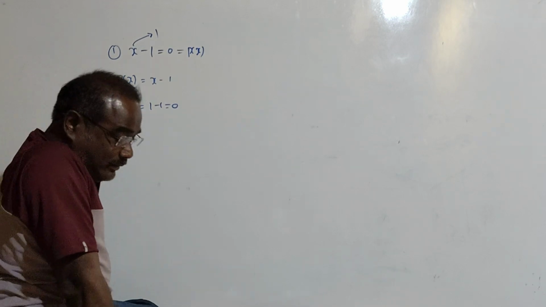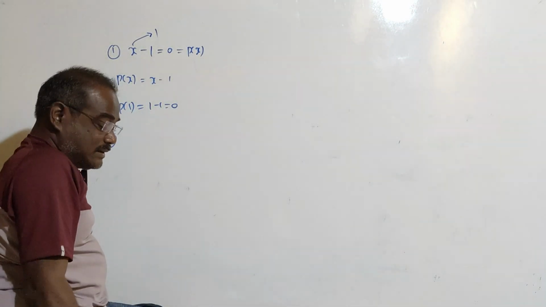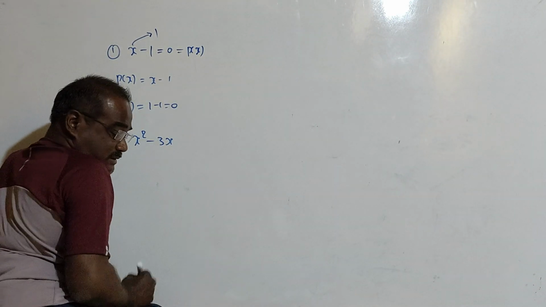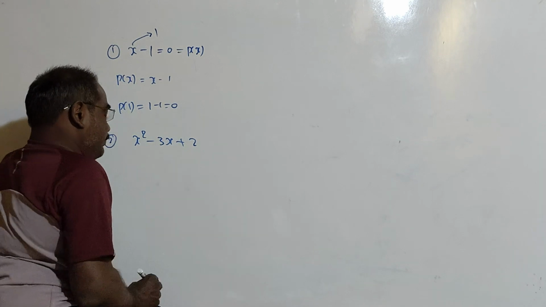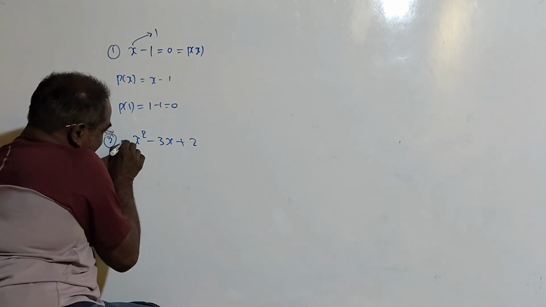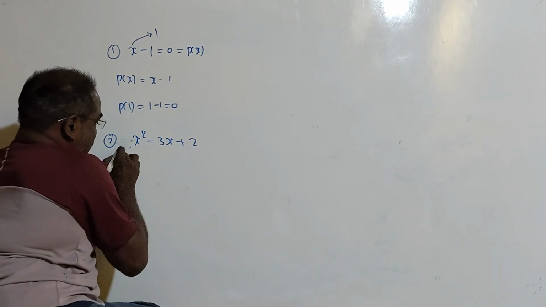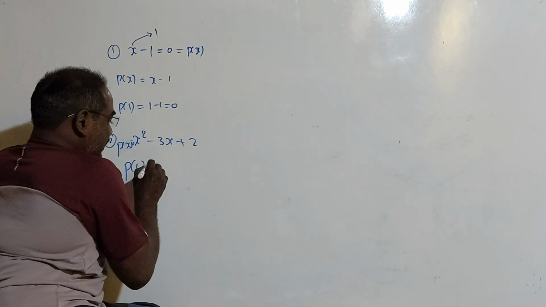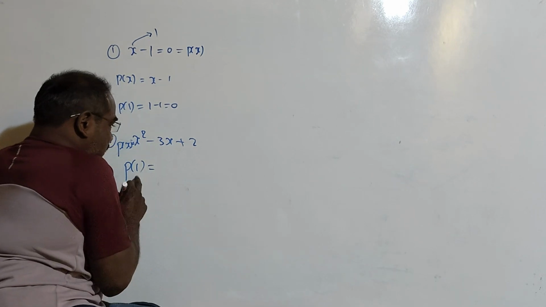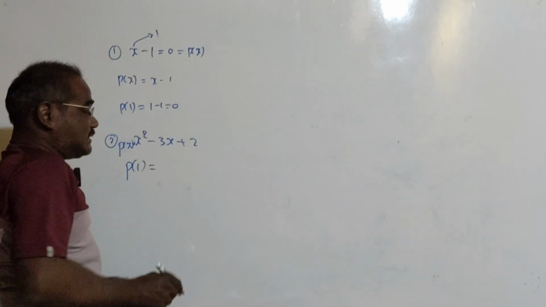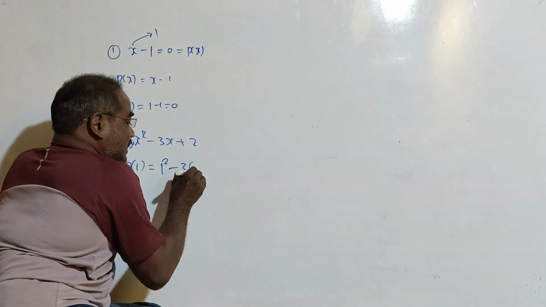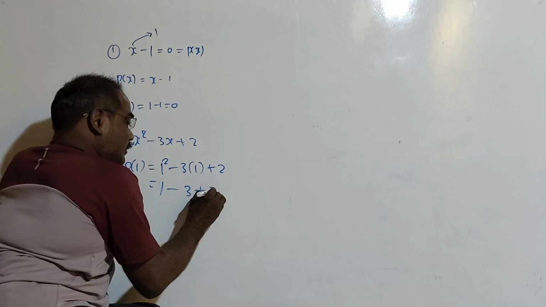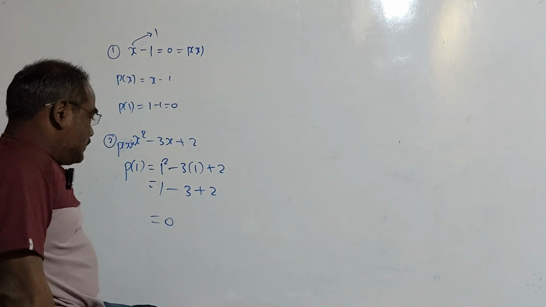Second example I will take, that is x square minus 3x plus 2. See, this is the polynomial p of x. Now I substitute p of 1. You pass the value 1 wherever there is x. 1 square minus 3 into 1 plus 2 is 1 minus 3 plus 2 equal to 0.